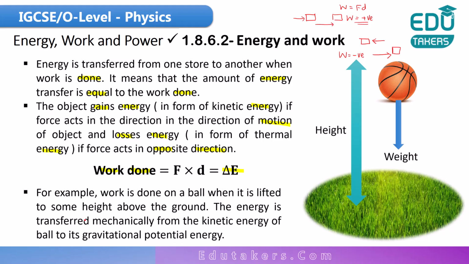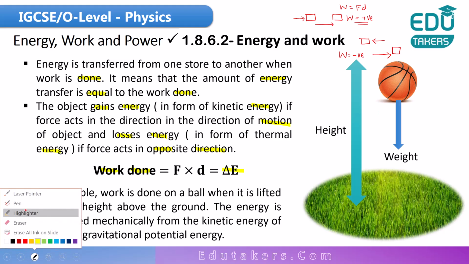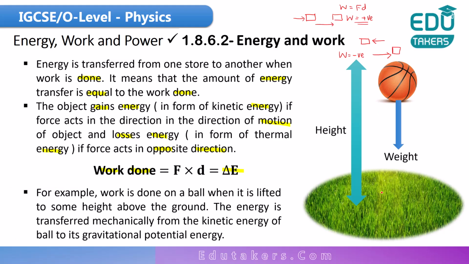But suppose that initially this ball is at the ground and you apply a force on this ball to move it through some distance. In this case, you do some work. So when you do some work, the energy is transferred from one form into another. That's why we simply say that energy and work done are equal.